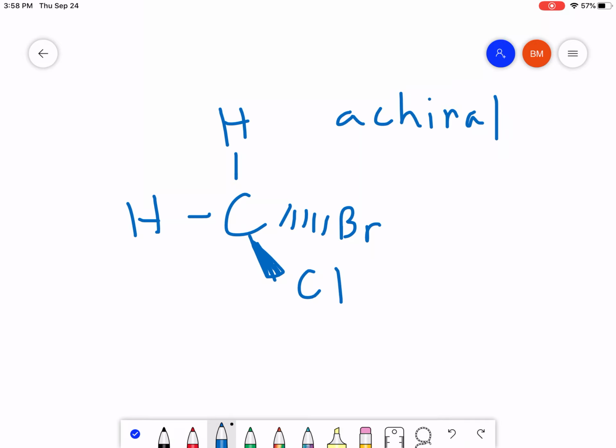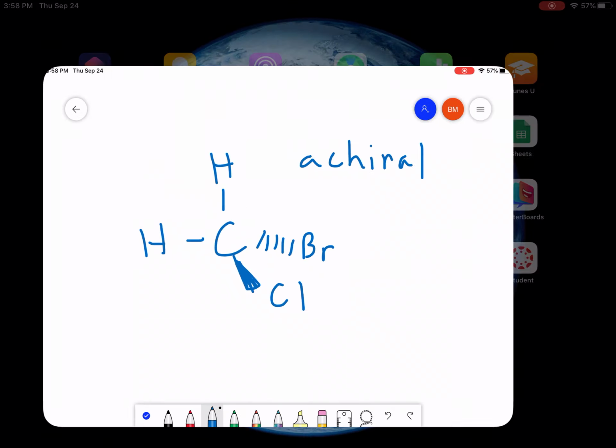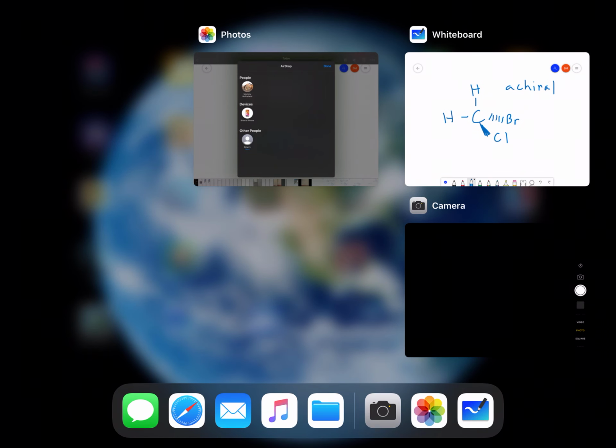Well, ask yourself, is there an obvious plane of symmetry that you can draw through this compound? Probably not, all right? Or at least if you can, then you're better at looking at 3-dimensional images and rotating them in your head than I am, all right? However, I'm going to show you this with a model.